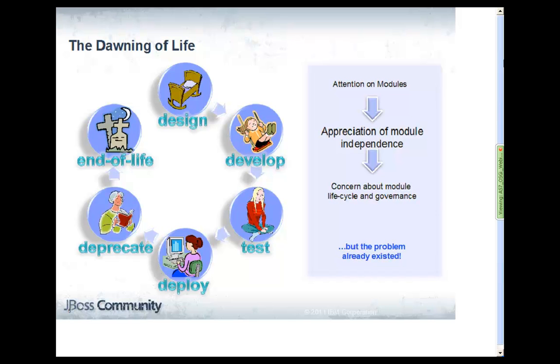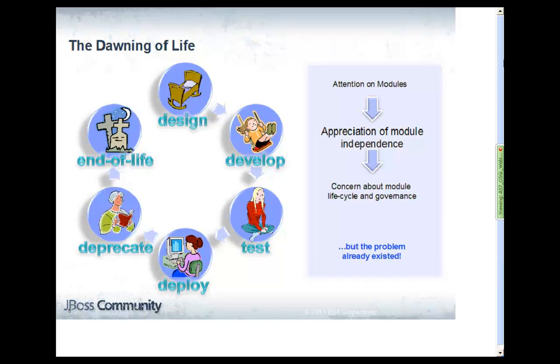So OSGi is not the greatest thing since sliced bread, as Mark Little used to say, but it is the de facto standard to solve the Java modularity issue, right? So the problems with modularity, they existed before OSGi.